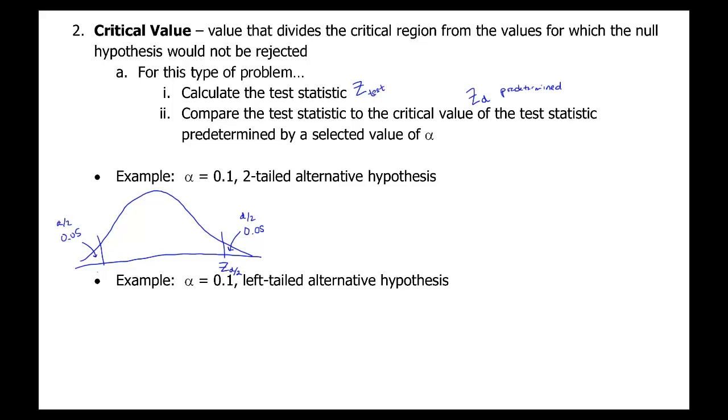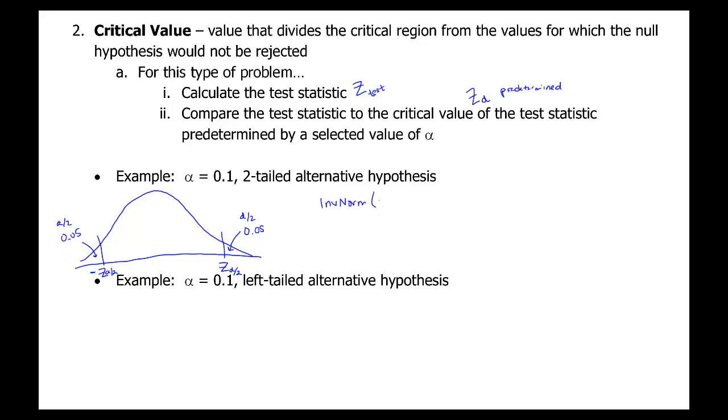They're symmetrical, so whatever value you get for the positive z, it would be the same number over here, except negative. So negative z alpha over 2. And then we can solve for either one, because we have an area. We can use our inverse normal function. And let's just do the negative one.